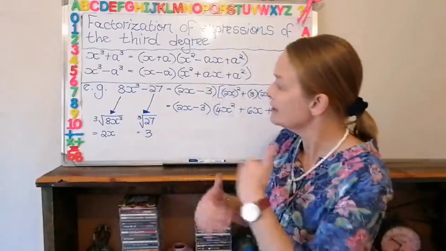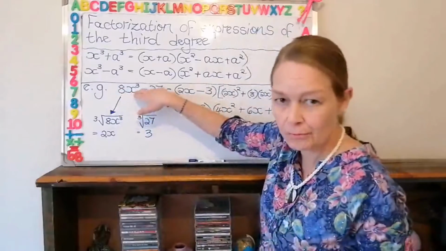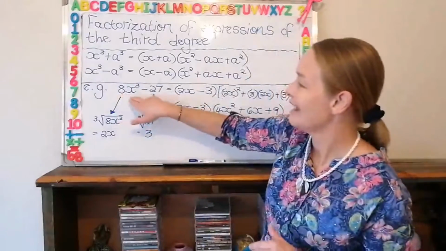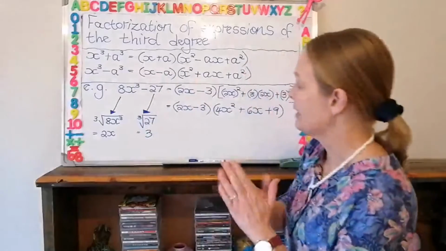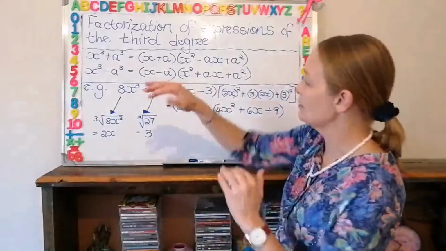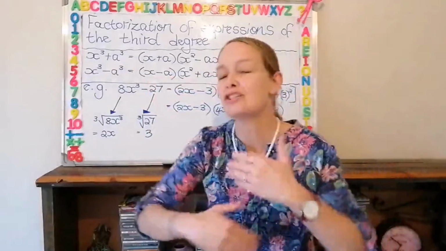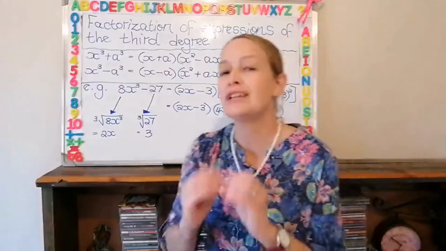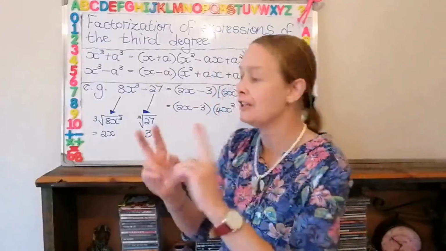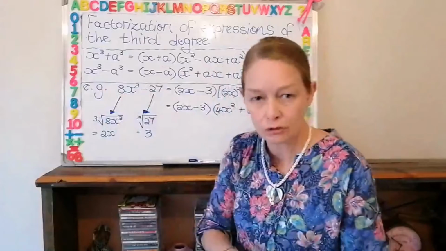Right, so let's go look at an actual example. For example, 8x to the power 3 minus 27. Now, I've already got the answer, but try and work with me. The first thing we need to do is get the cube roots of each of these two terms in the original question.